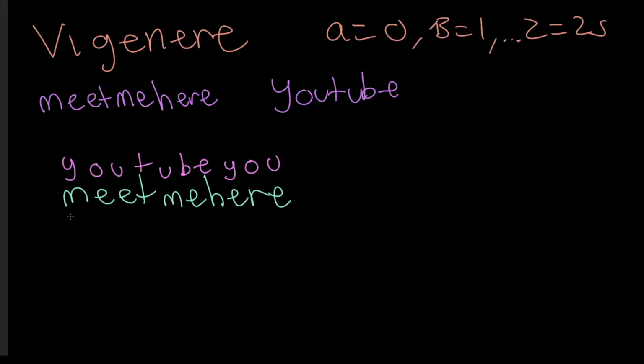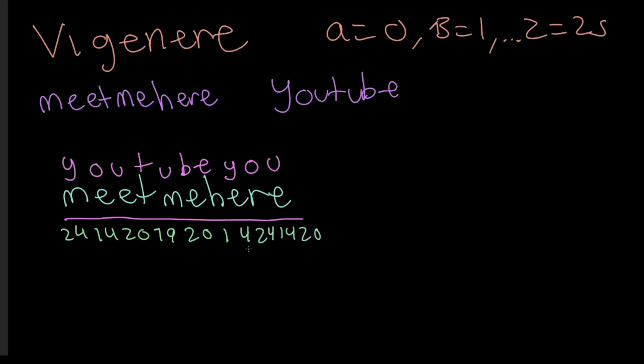After that, we need to convert YouTube and meet me here from letters into numbers. So let's go ahead and do that. We get 24, 14, 20, 19, 20, 1, 4, 24, 14, and 20.